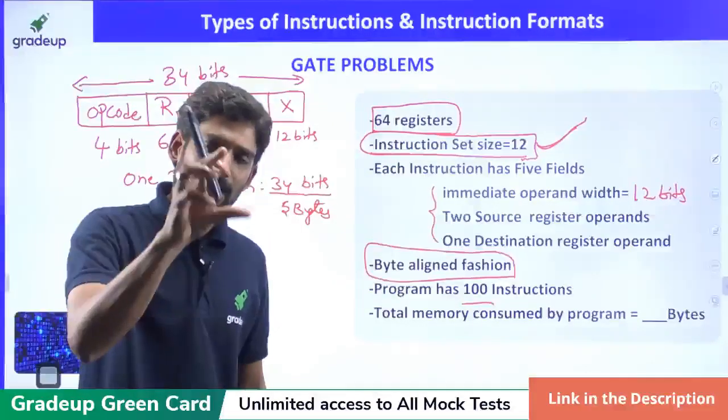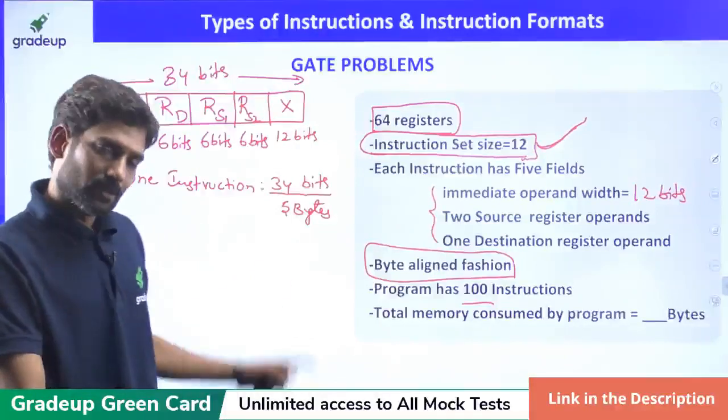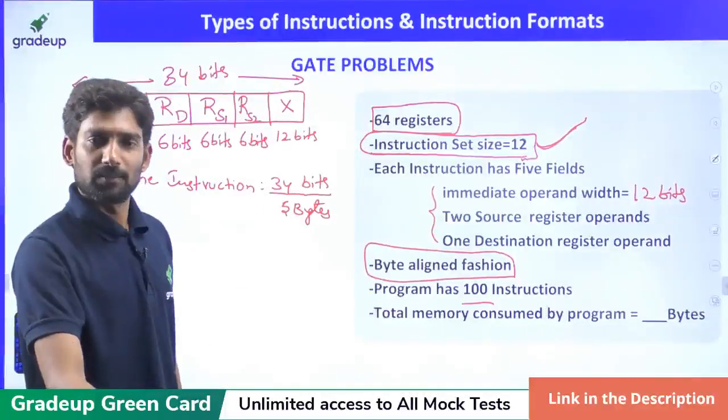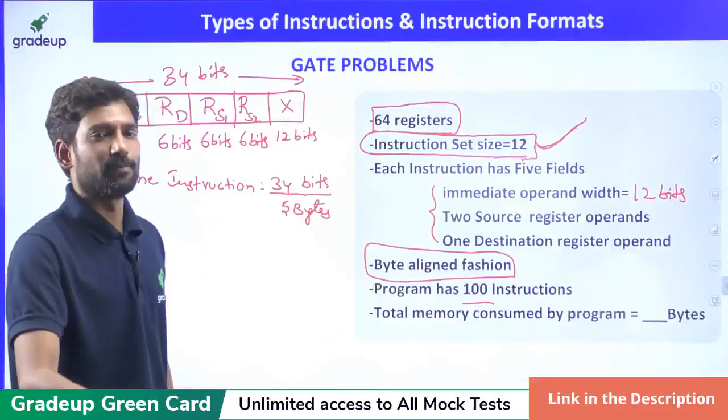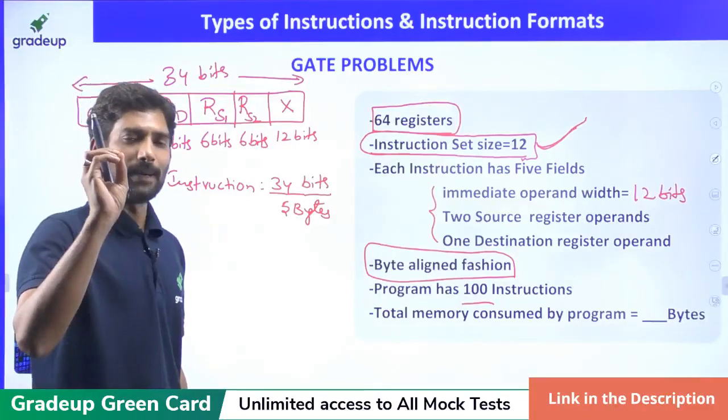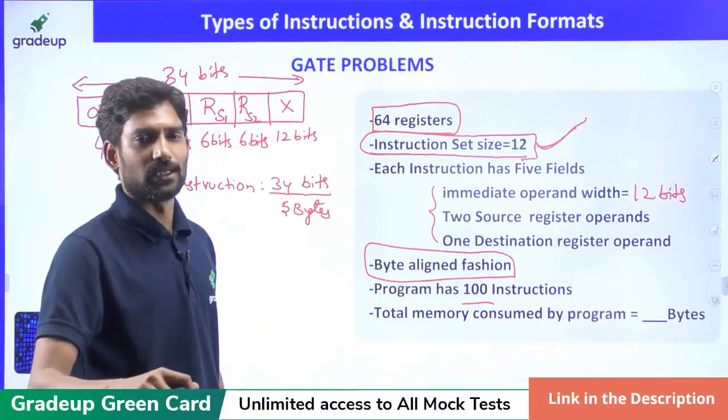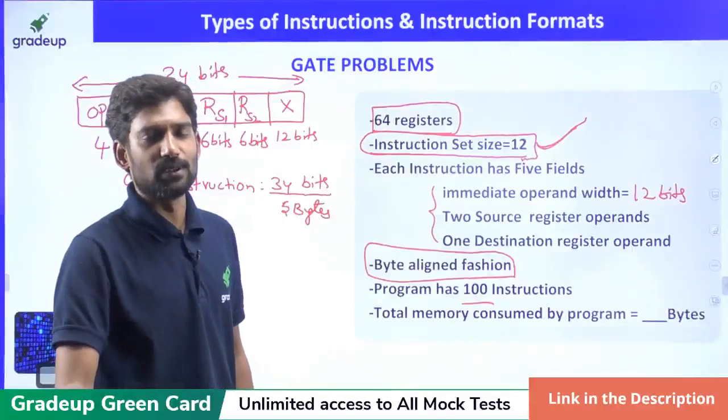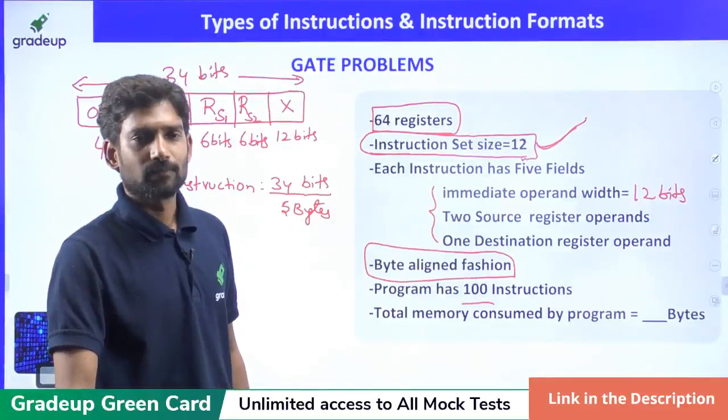Yes, in that 40 bits, 6 bits get wasted, but that is the meaning of byte aligned. Once the byte is aligned to one instruction, no other instruction can utilize that. Understood?